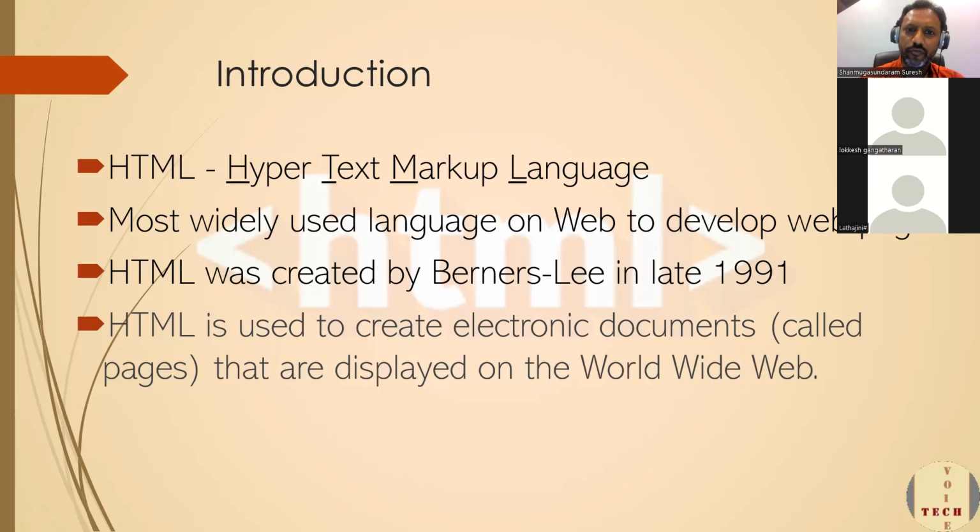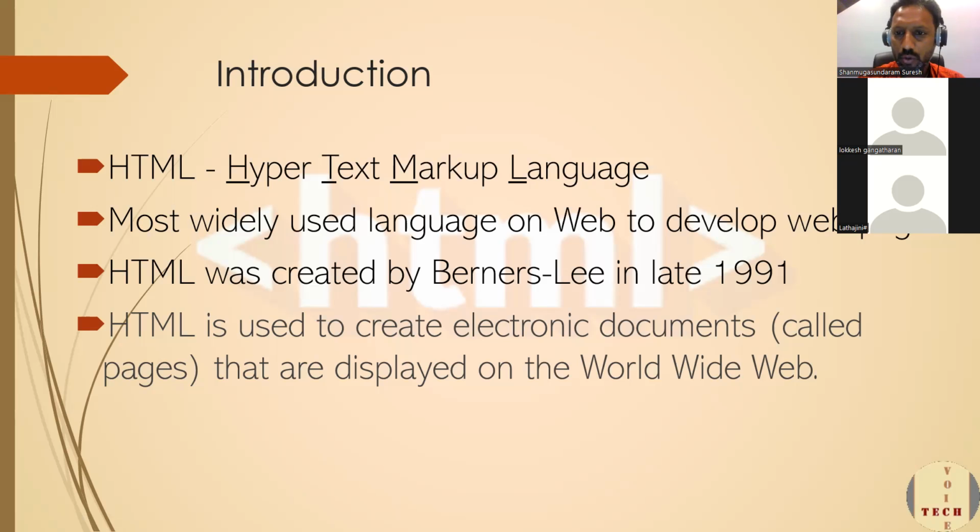But if you mark certain sections, if you put a tag saying that this will be our heading and this will be our paragraph, you add some labels or tags. That is called marking up. Since you are marking up the text, it's called a markup language.